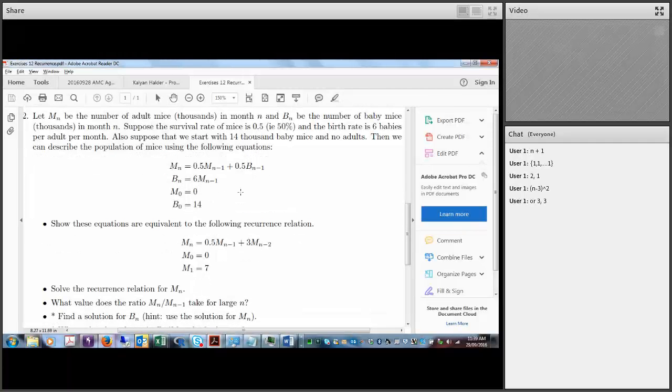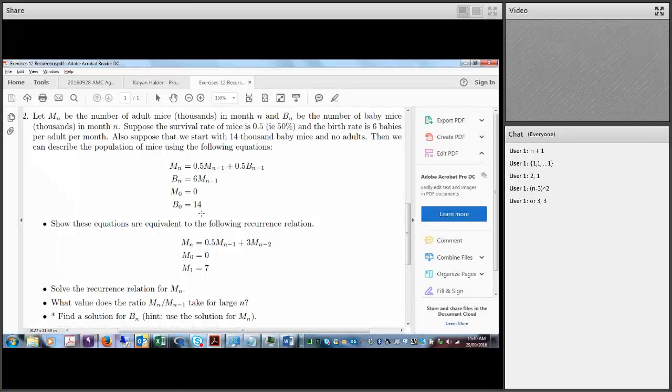So half of them have died, we've got only half, half of them have survived. Then the babies have grown up, but only half the babies have survived. And so this first equation says half the adults have survived and stayed adults, and half the babies have survived and grown up to be adults. That's the first survival rate.